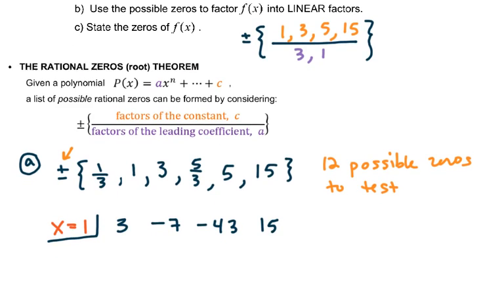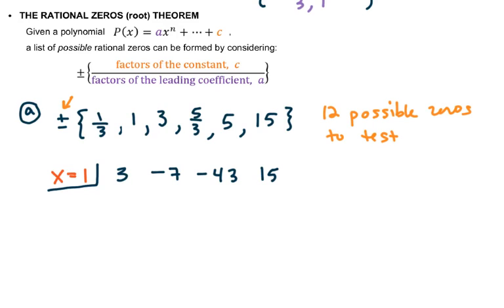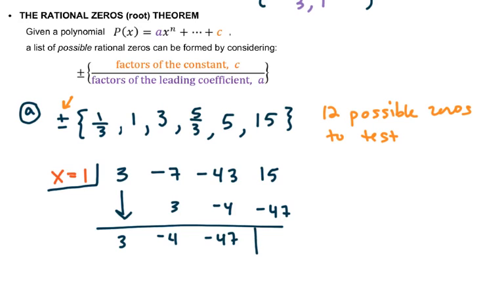Those numbers are coming from my original polynomial. I'm going to pull down that first number, 3. Multiply 3, add to get -4, multiply, -47. We do not get 0. If I had to test 12 numbers like that, it's not going to take me a load of time, and you may choose incorrectly the first time and have to do it again.